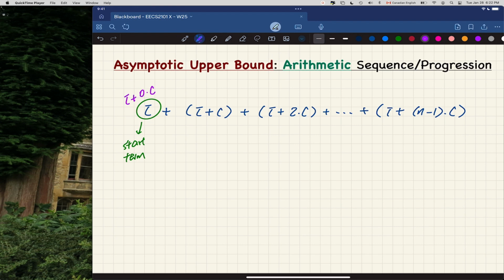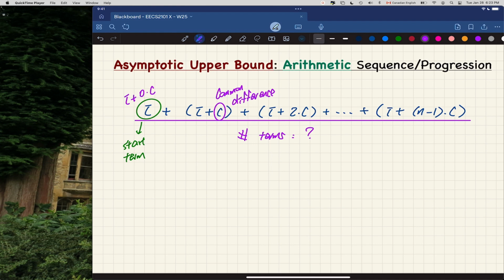And then the c we're talking about over here is called the common difference. Another term we also have to figure out is how many terms there are in this sequence. The number of terms.